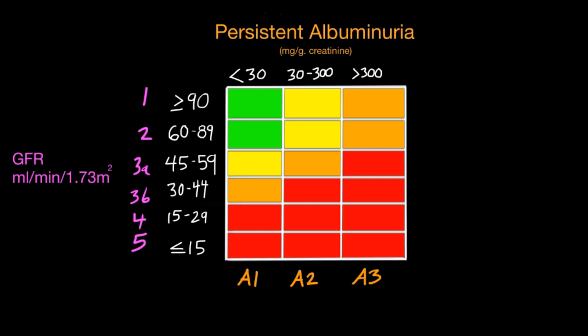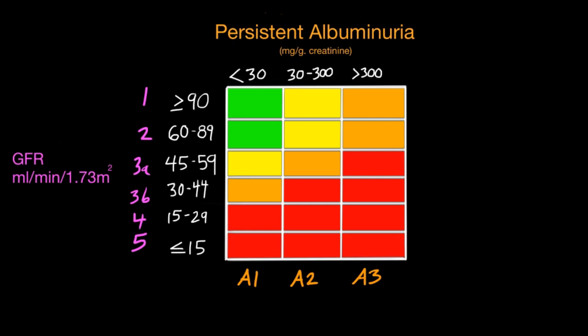All right, now we're looking at a CKD staging scheme that was devised by KDIGO. As you can see, there are two axes to this chart. There's GFR here on the y-axis, and then there's the degree of albuminuria as measured by the milligrams of albumin per gram of creatinine in the urine. This is how we are currently classifying chronic kidney disease.